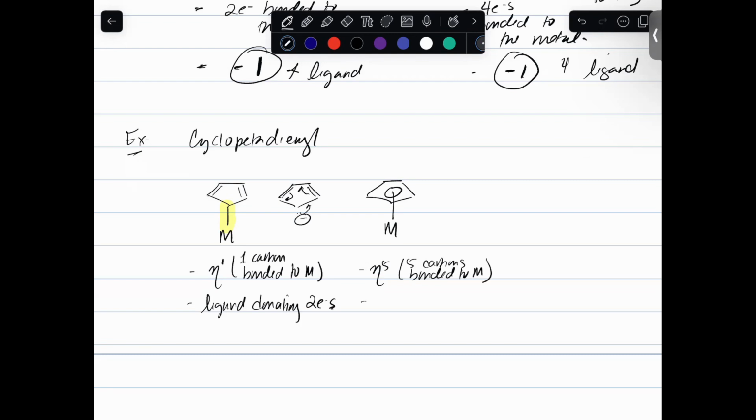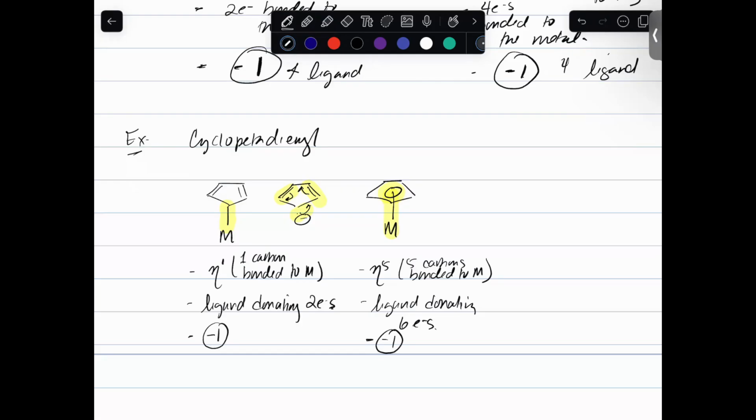The ligand is donating, in this case, 6 electrons. Because it's the entire 5 carbons, there are 6 pi electrons, and so that's what's donating to my metal. Please notice that regardless of how it's being bonded, it's still a -1 charge from the ligand.